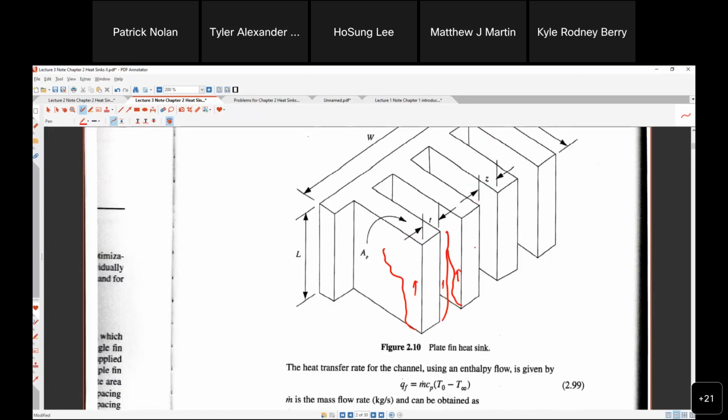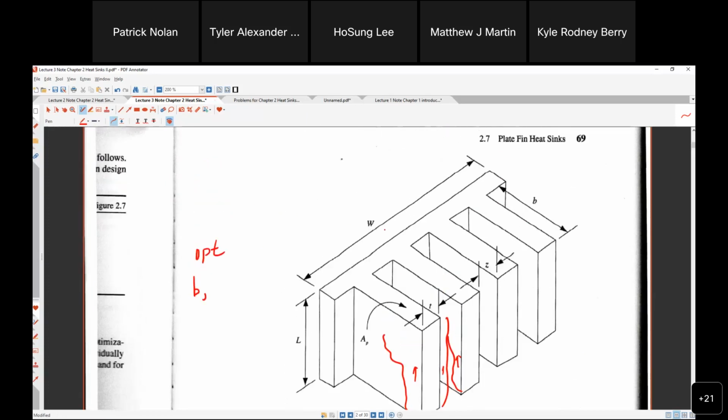So we have here now optimum is not only B, a profile, B is a profile, and the T. Anyone? We need one more. What would be one more for heat sink? Z. Yes, spacing.